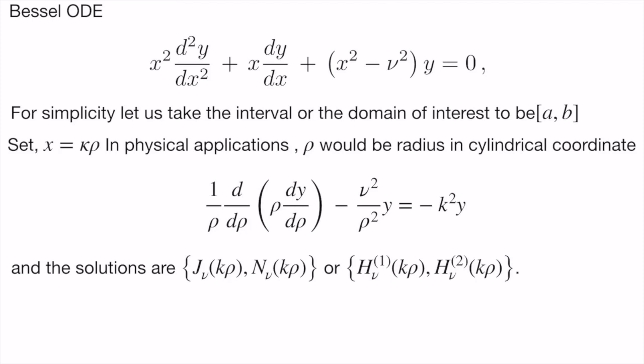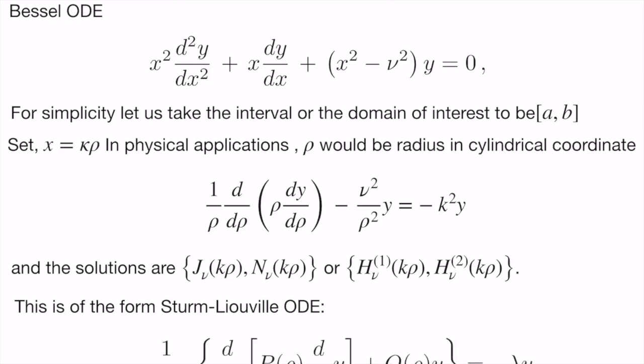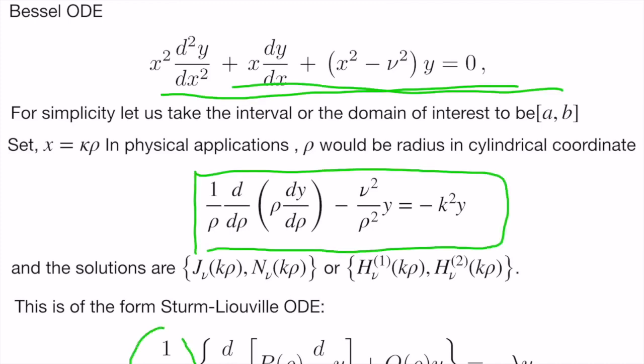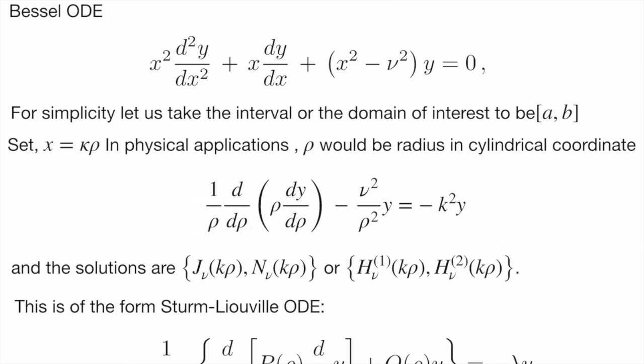Depending on our physical problem we can choose them, but we want this to satisfy the Sturm-Liouville boundary problem. When we express this differential equation in the self-adjoint form, we have one minor modification. We have a weight function which appears here.